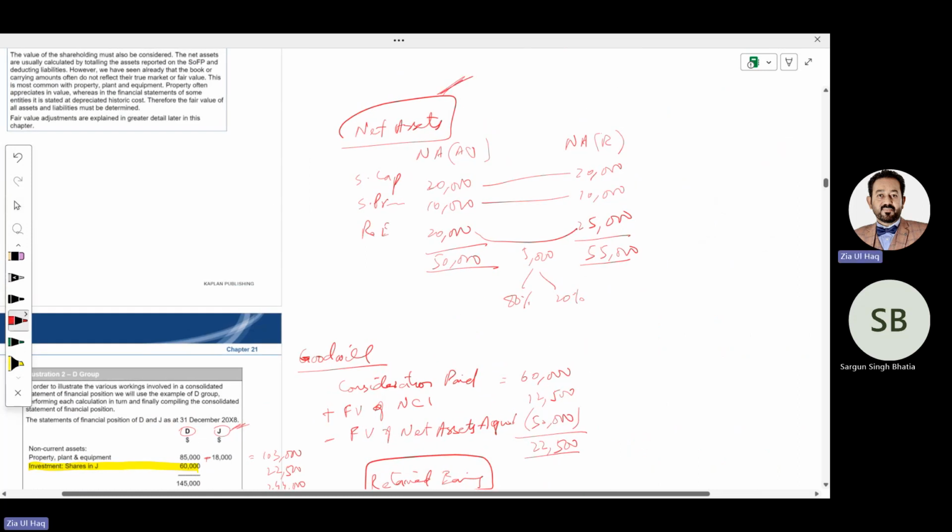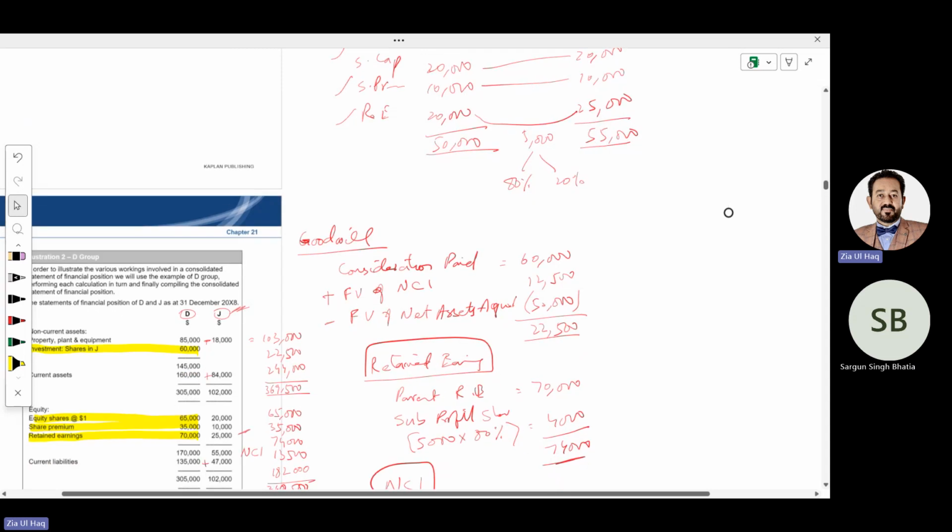First, net assets using the results of the subsidiary: share capital, share premium, and retained earnings. Because through this, we can calculate goodwill. Goodwill is consideration paid plus non-controlling interest at fair value, less fair value of net assets acquired.